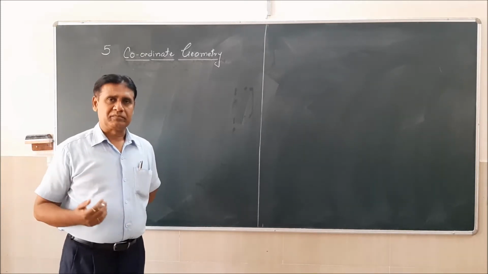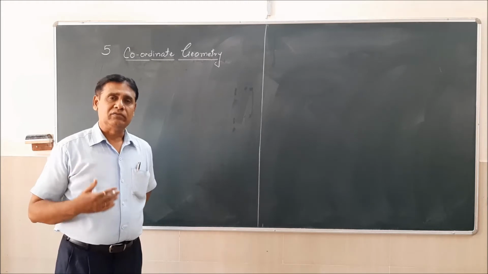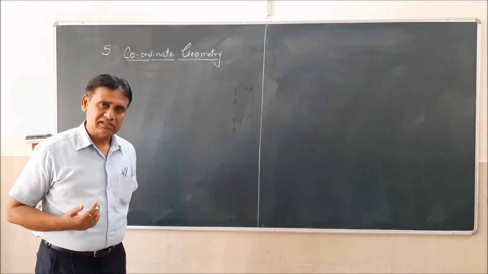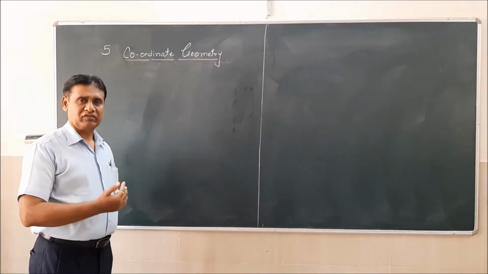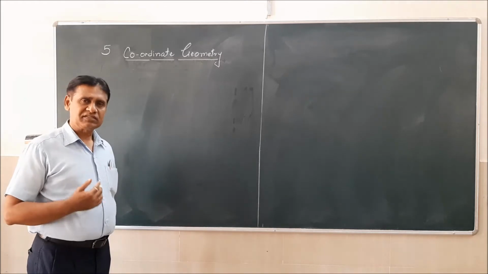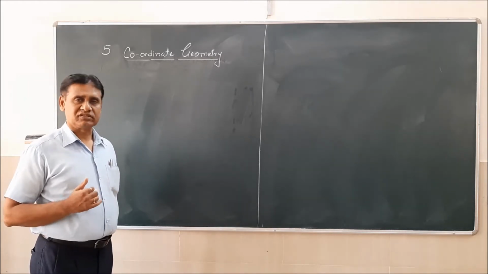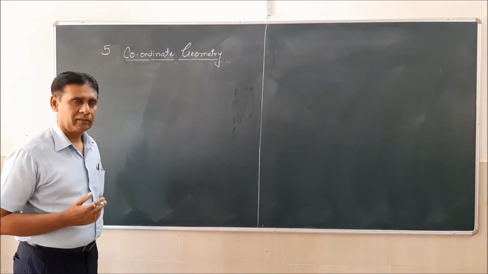So, for this chapter, I have decided to give you the formulas as per the requirement of that exercise. Since we will be doing exercise 5.1 first, for exercise 5.1 we simply have to use the distance formula. So please try to understand the distance formula.